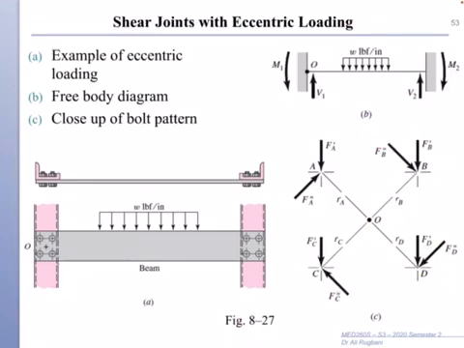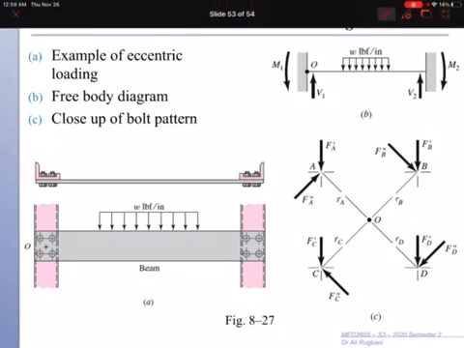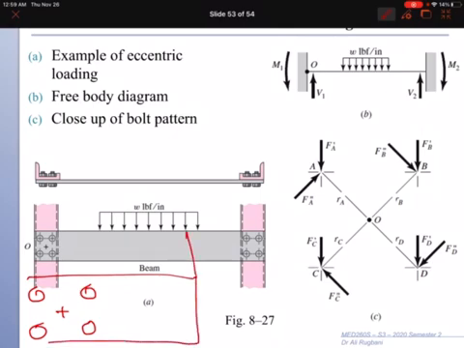Then eccentric loading will lead to two types of forces: primary force and secondary force. So if we have bolts like this, 1, 2, 3, 4, with a centroid here, and then a force is applied at the end here.